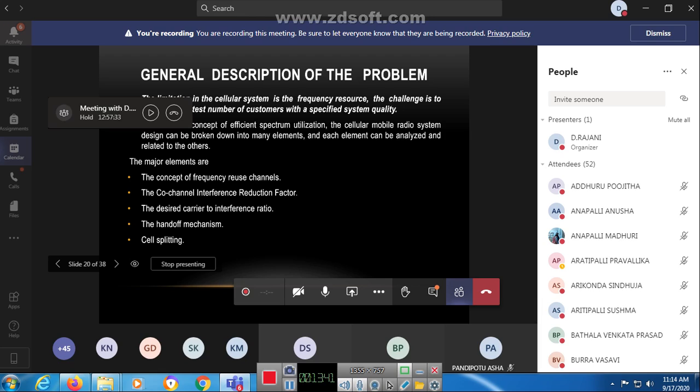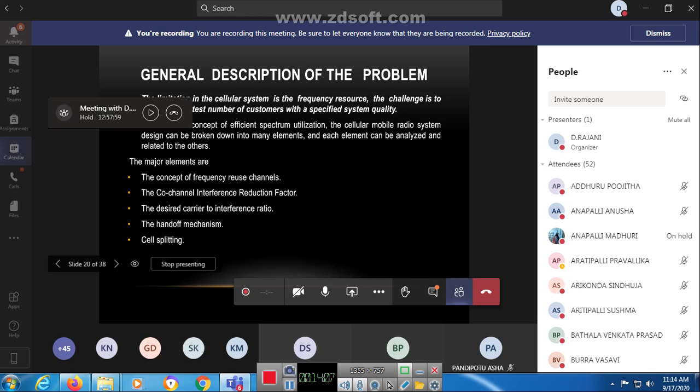Remember, first one is the macro cell. We represent this as 3 to 35 kilometers, where 3 kilometers is high power and 35 kilometers is low power generation. Second one is the micro cell, 0.1 to 1 kilometer, for example top buildings, malls, airports.